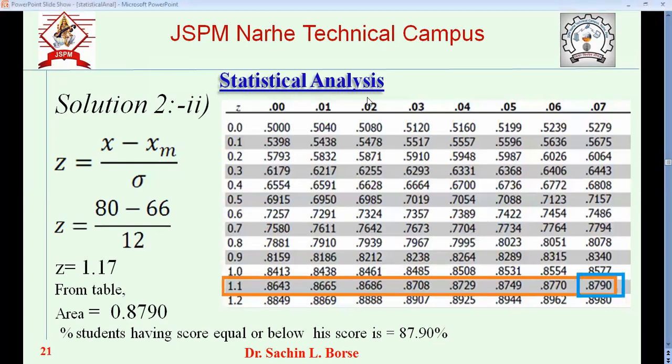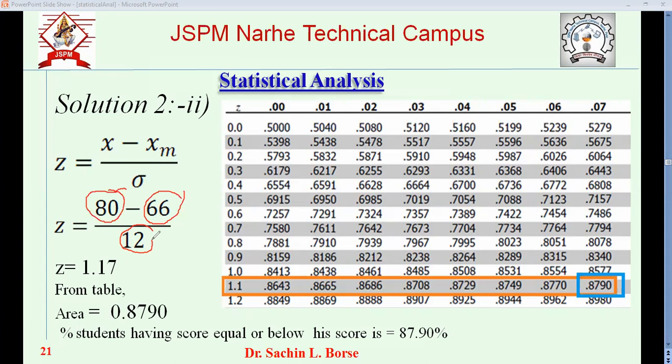In test number 2, what is the value of X? He obtained 80 marks, and the class average is 66%. Standard deviation is 12. Now you calculate the Z. First, see whether Z is positive or negative.